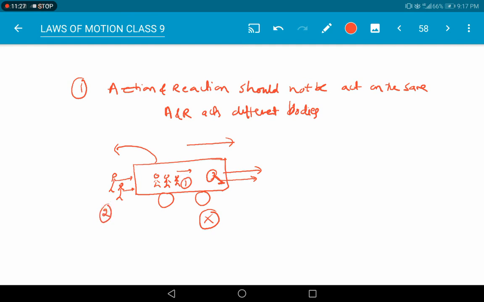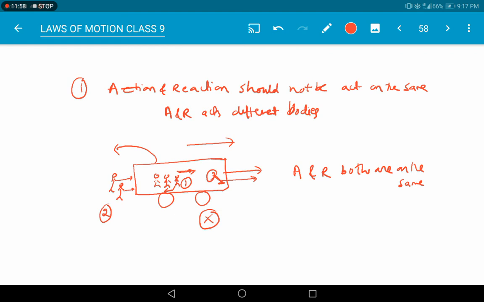In case 1, action and reaction are both on the same body. When you push the bus from inside, action acts on the bus and reaction also acts on the bus. That's why motion does not take place. The bus will not move.